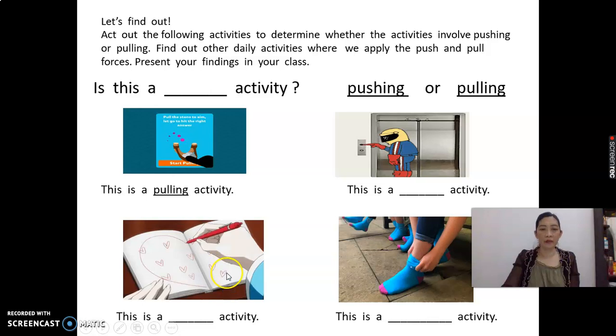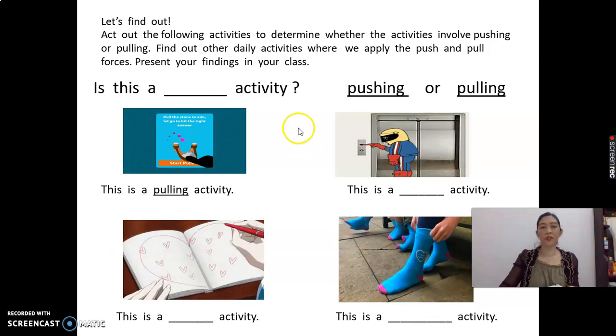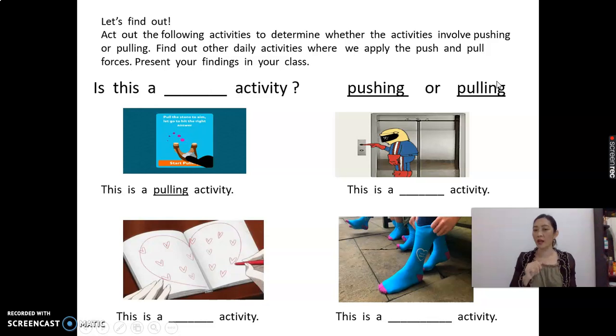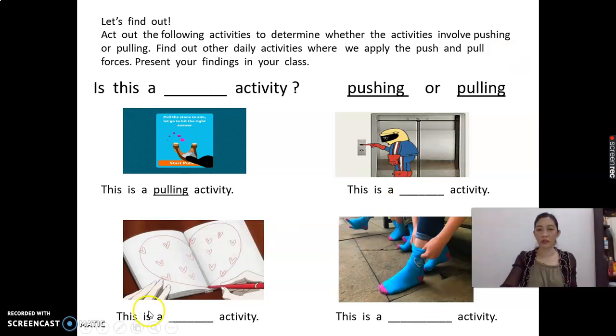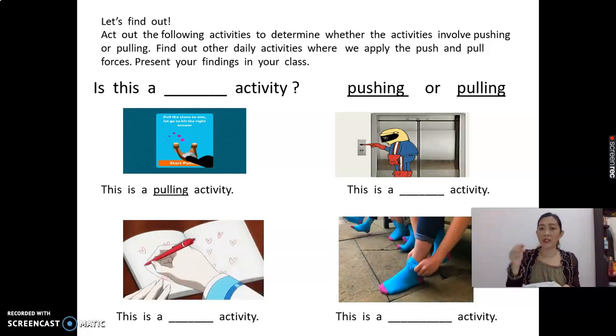Okay, number 3. When you write, is this pushing or pulling? Okay, kids, what is the answer? Pushing. Okay, very good. This is a pushing activity because when you write, that is pushing.